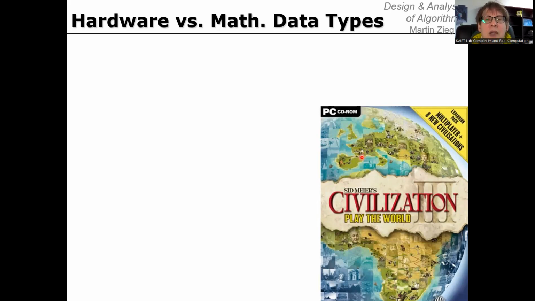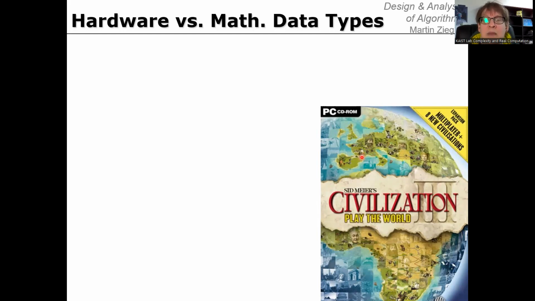So it's a game playing one player against the computer. At least in the early ages, it was one player against the computer. Maybe nowadays it's possible to play several real players simultaneously over the internet.